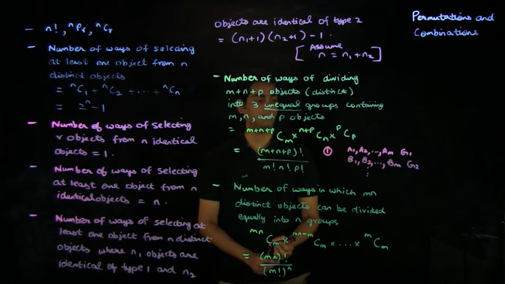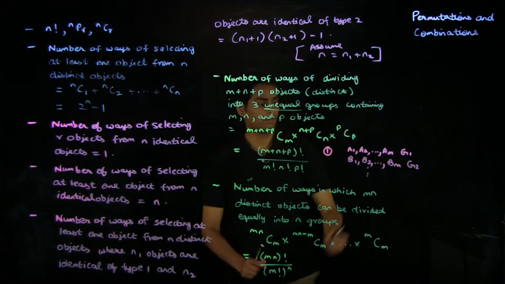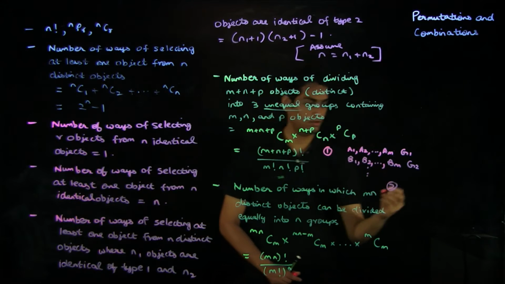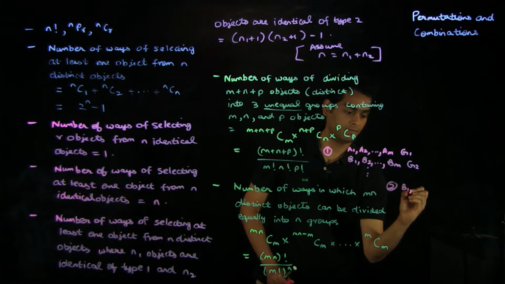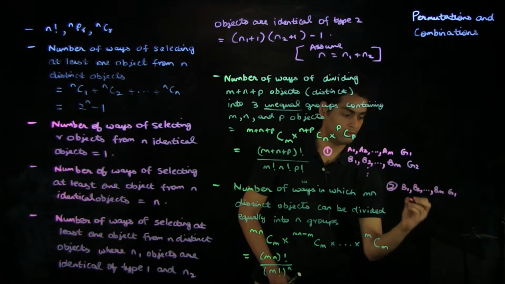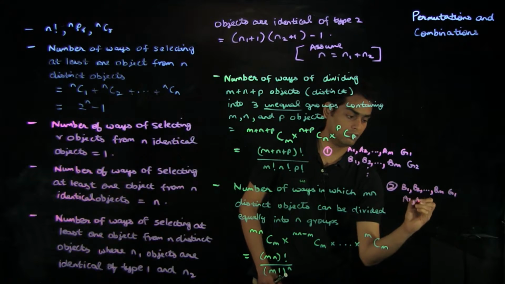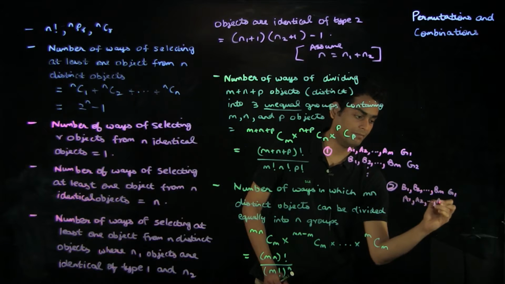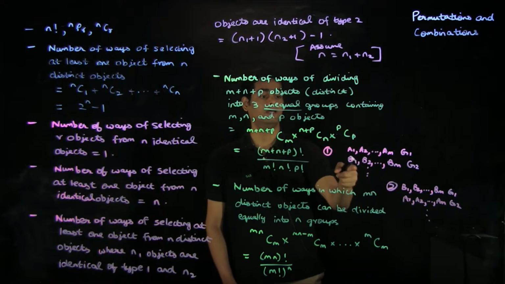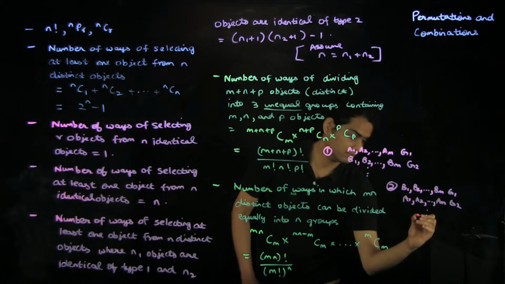There are some other objects in the other groups, we don't care about those. Another arrangement according to this selection would be B1, B2 till Bm in group 1, A1, A2 till Am in group 2, and the rest is just the same as the first arrangement.